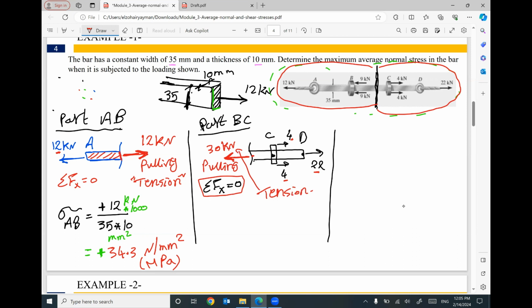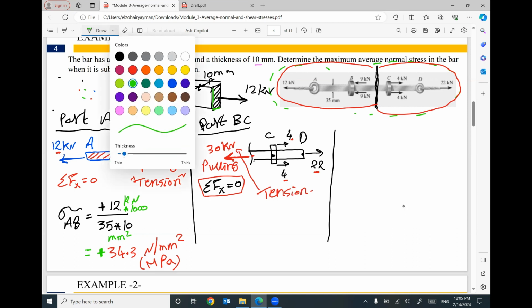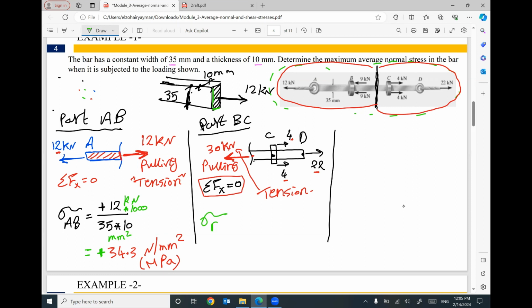So the stress in part BC will equal the applied force on this cross section, 30 kilonewton, multiplied by 1,000 to be in Newton, divided by the cross section area, which is the same, 35 by 10 millimeter square.